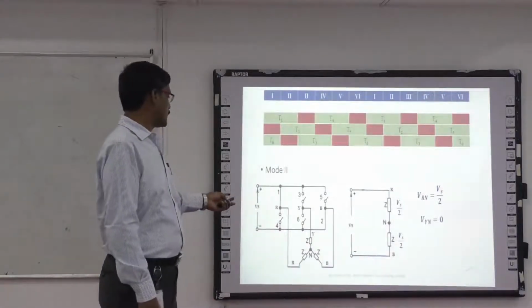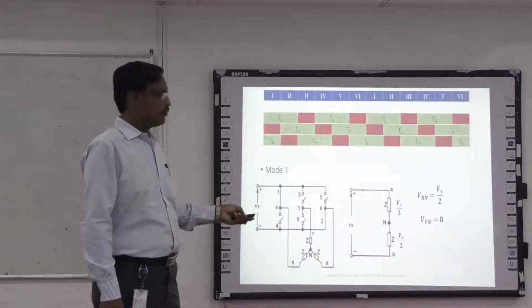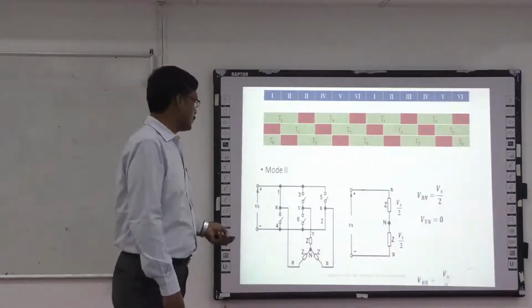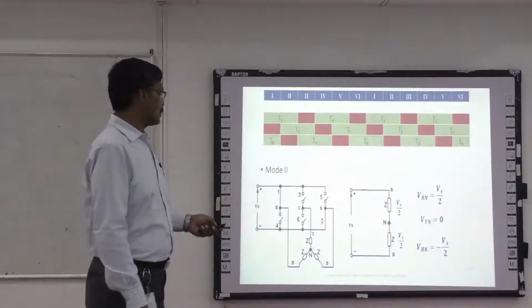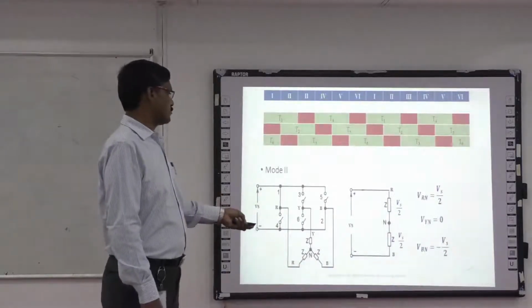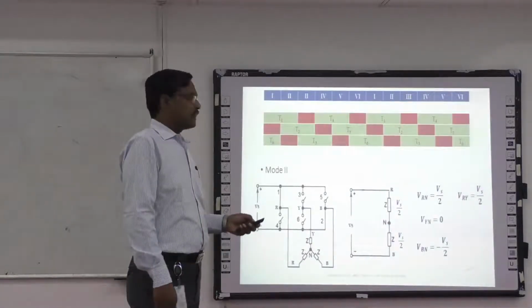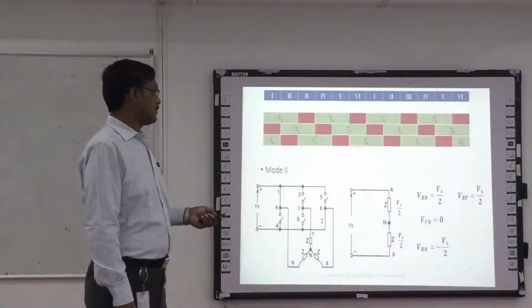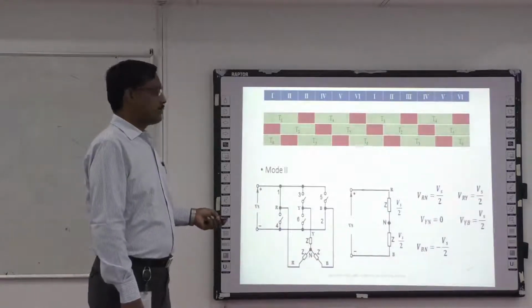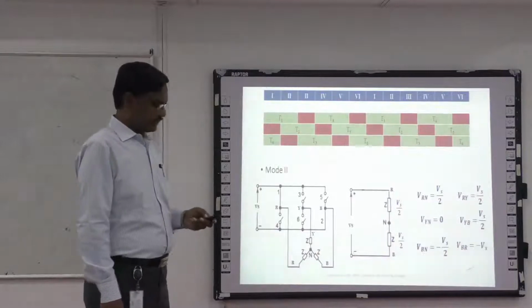There is no device conducting in this Y phase, so VYN is going to be 0. Then VBN equal to minus Vs by 2, because the lower side switch is conducting. That's why we are getting a negative symbol here. Then the line voltages: VRY equal to Vs by 2, VYB equal to Vs by 2, and VBR equal to minus Vs.